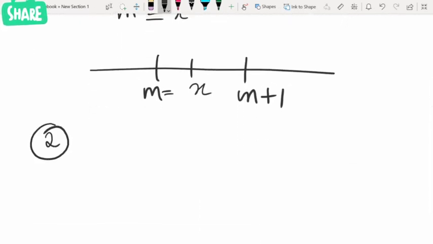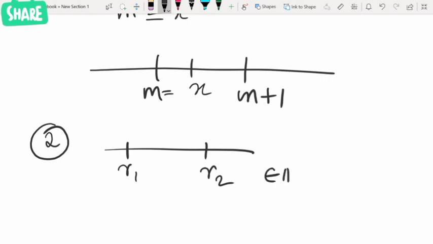The second result says that between any two real numbers r1 and r2, we can always find a rational number between them.